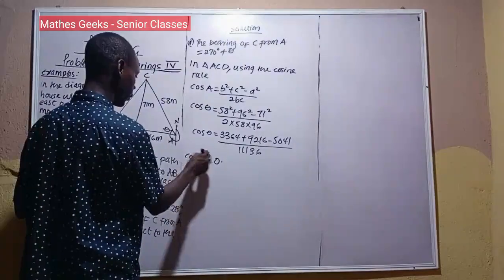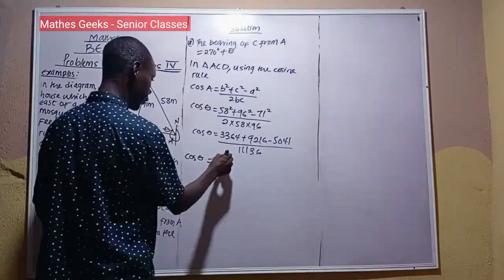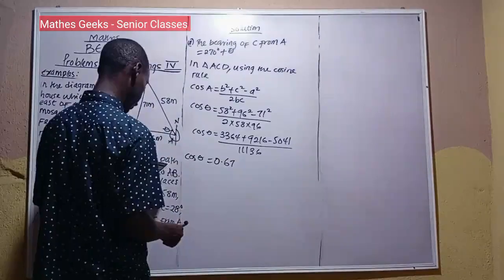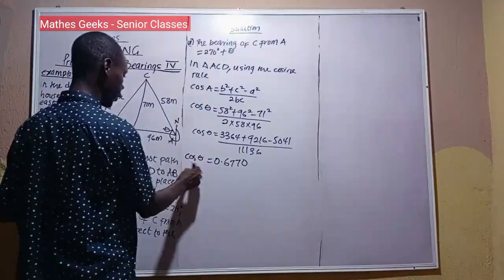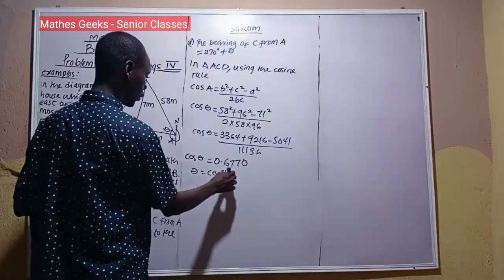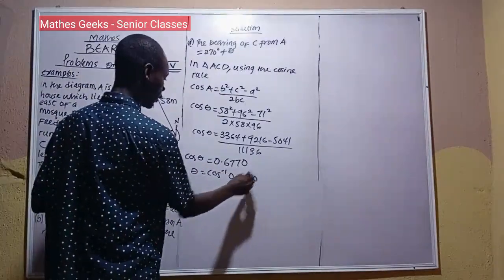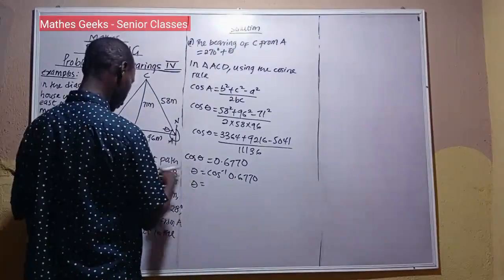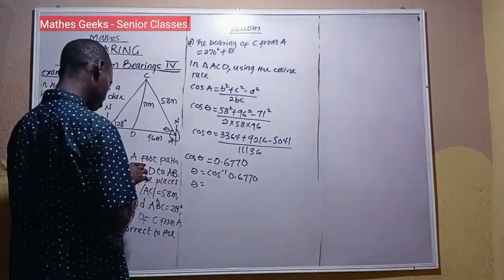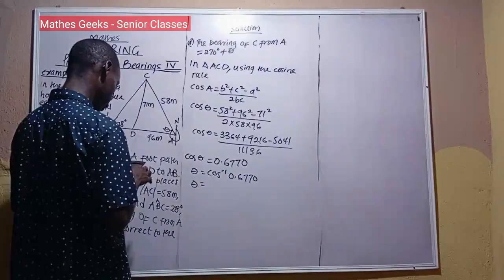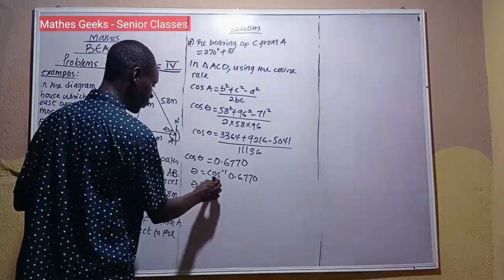Cos theta is equal to 0.6770. So theta is equal to arc cos 0.6770.